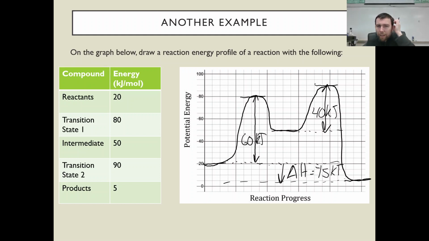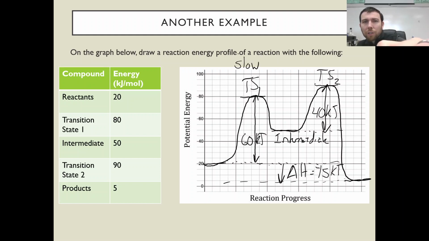And so from that, again, this is our transition state 1 or activated complex 1, transition state 2. This is our intermediate. We know that the first step, because it has the higher activation energy, is going to be the slow step.